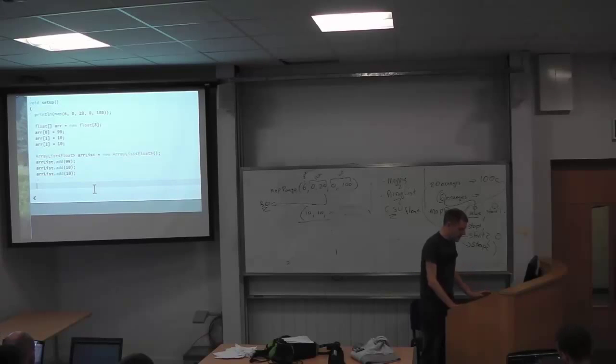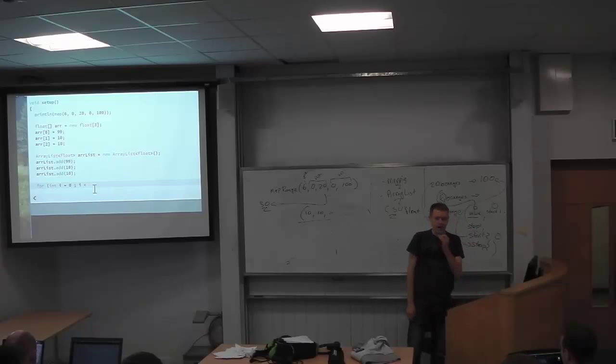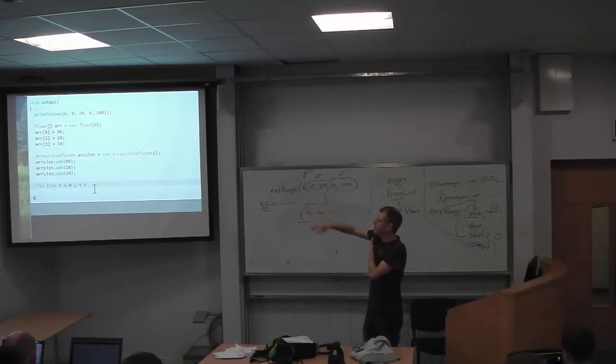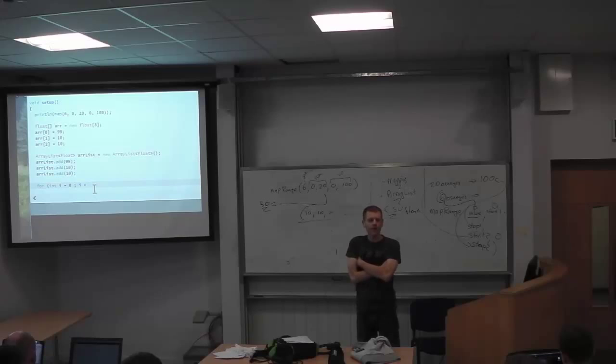If I want to iterate this array list, you go for int i equals, in fact there's two ways to do it. I'll do the long-winded way, and then I'll show you the for each way as well. For int i equals 0, semicolon, i is less than. Now, if I was to do an array, how would I calculate the number of elements in arr?